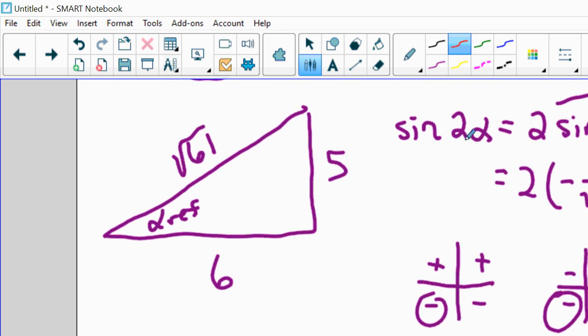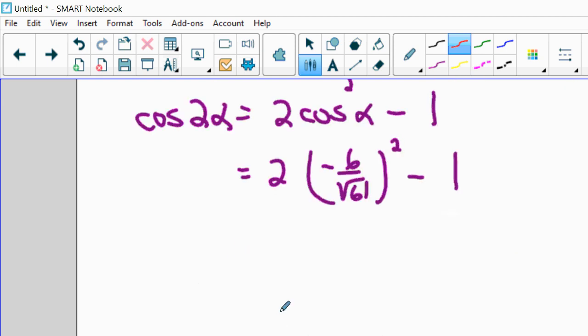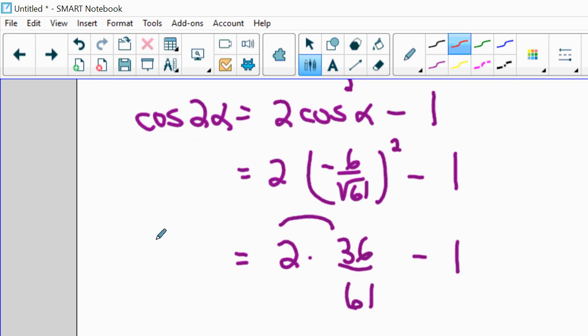Cosine alpha was negative 6 over the square root of 61, but the negative's not going to matter because you're going to square it, and you get 2 times 36 over 61 minus 1. We get 72 over 61 minus 1. How about call that 61 over 61, and we get 11 over 61.